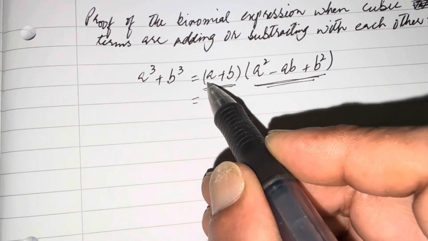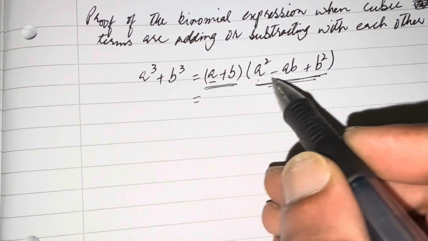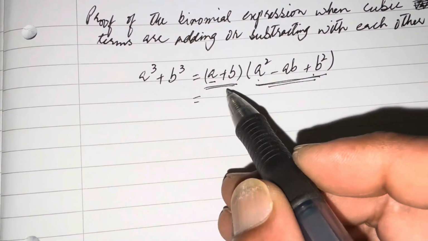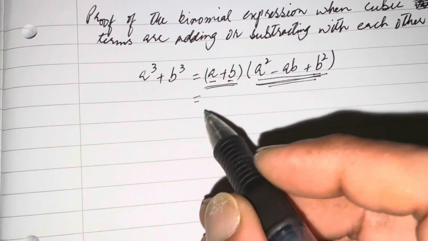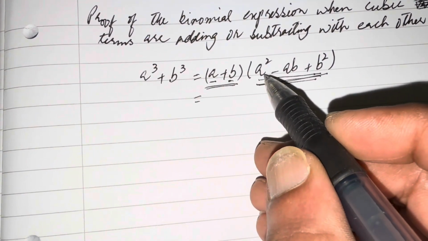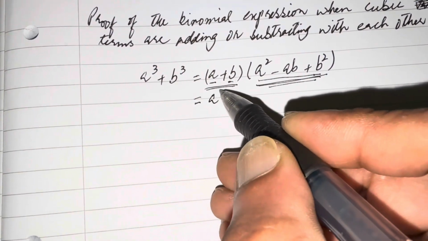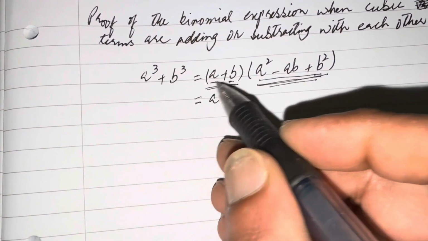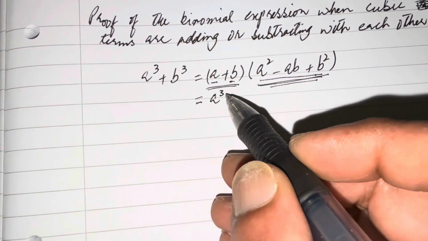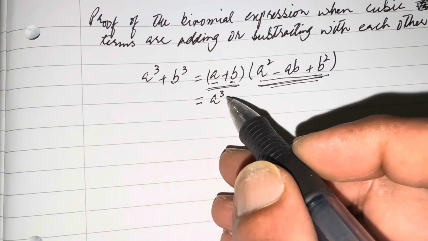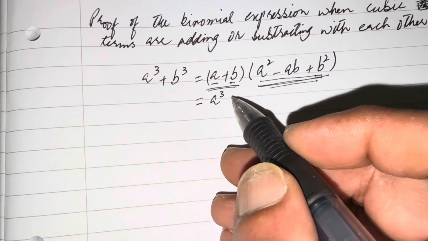So the first term will multiply with all of them, and then the second term will multiply with all of them. So a, when multiplied with a square, will become a cube. So same variables, when multiplied with each other, the powers will always be added. These are the things that you have learned in my previous videos.